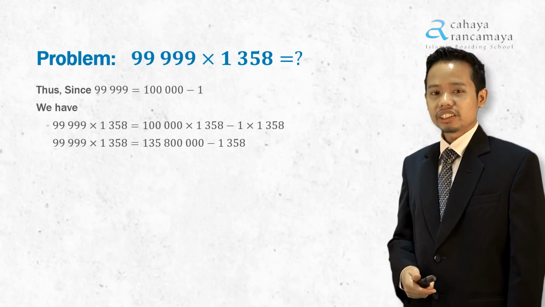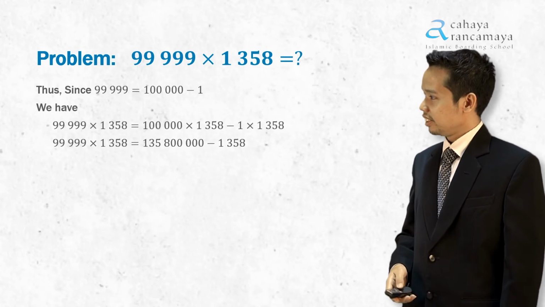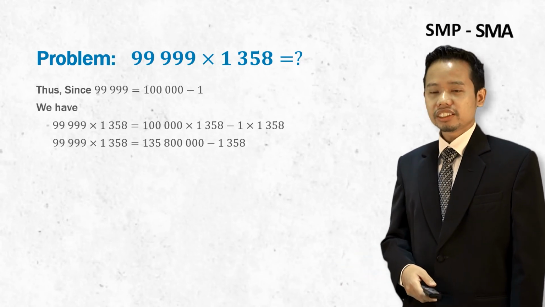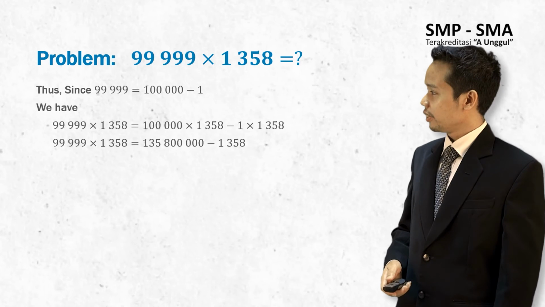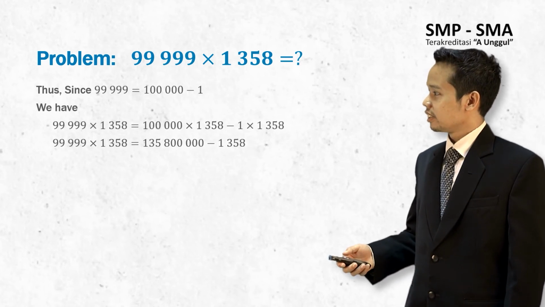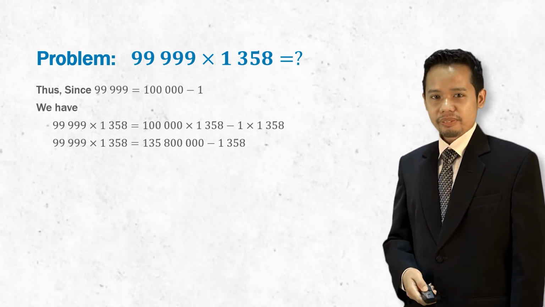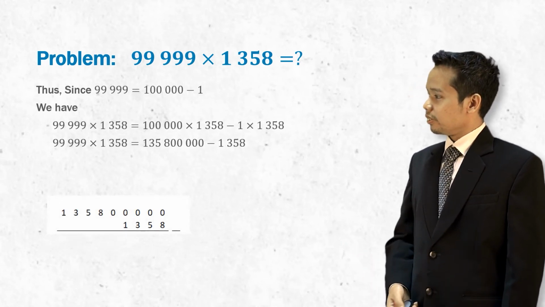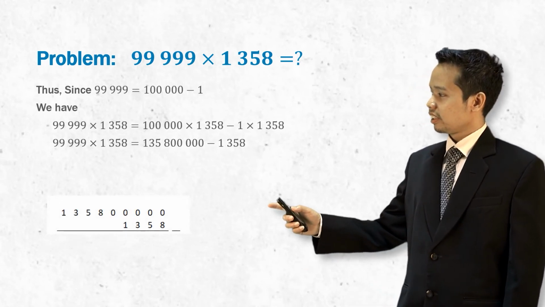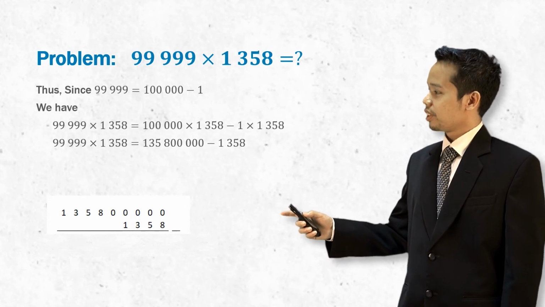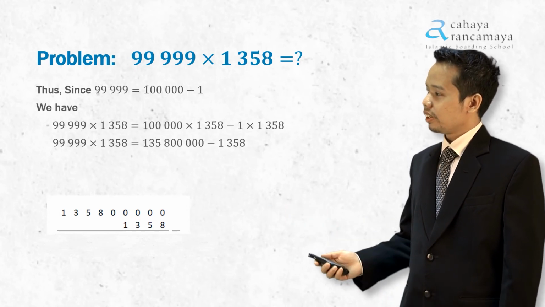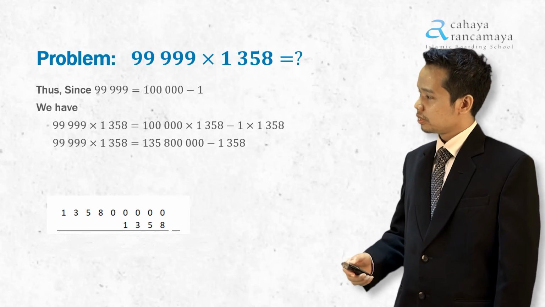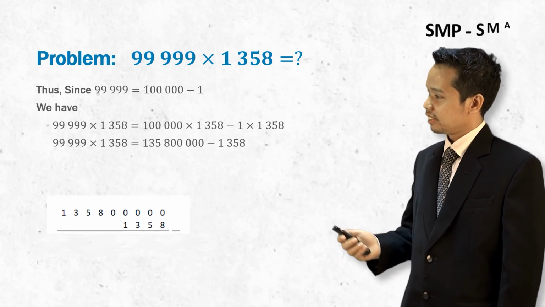So we have that 99,999 times 1,358 is equal to 135,800,000 minus 1,358. Now let's do this subtraction together. We cannot subtract these zeros by 1, 3, 5, or 8. So we are going to borrow from the first non-zero number, 8.